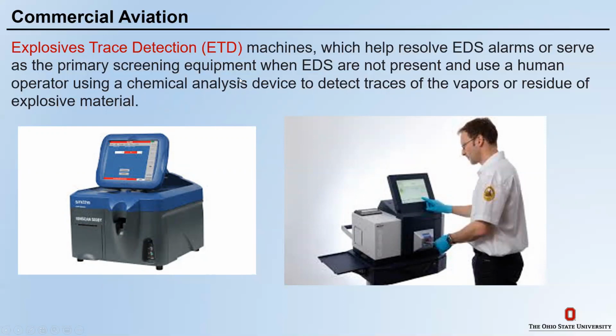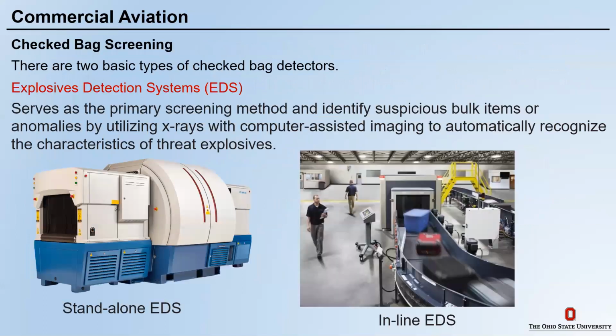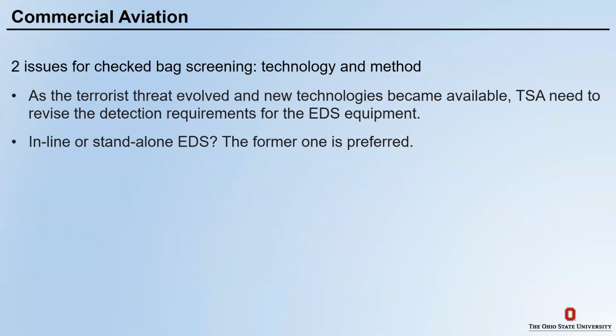Obviously ETD is much smaller than EDS, right? Today, most airports in the US do have inline EDS. And there are two issues for checked bag screening: technology and method.